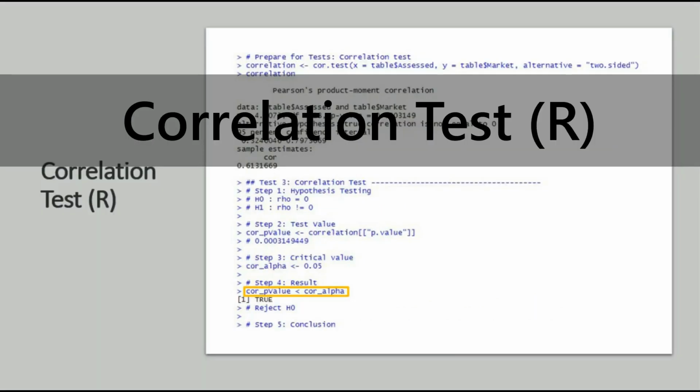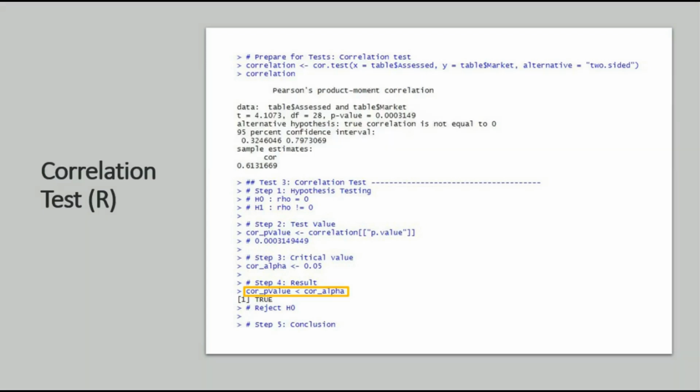For the correlation test, step 1 is hypothesis testing: H0 is equal to 0, H1 is not equal to 0. Step 2, test value: the cor p-value. Step 3, critical value: alpha is 0.05. Step 4 is the result. In R, only the cor.test function is needed to obtain the result, which is relatively easier than what we did in Excel.